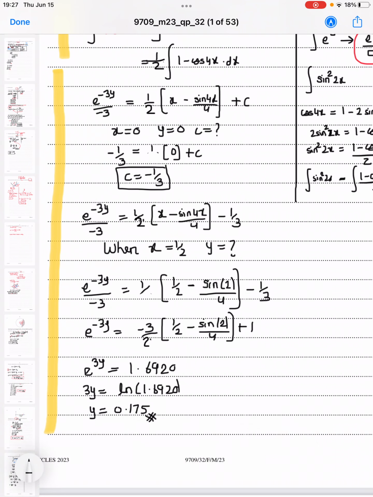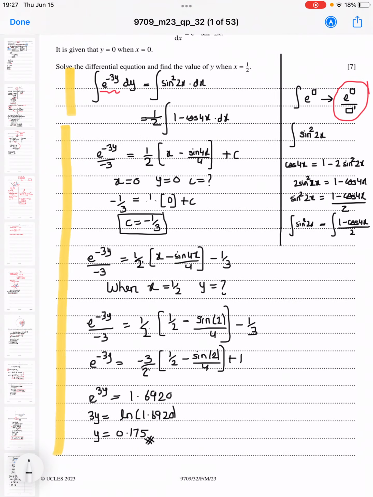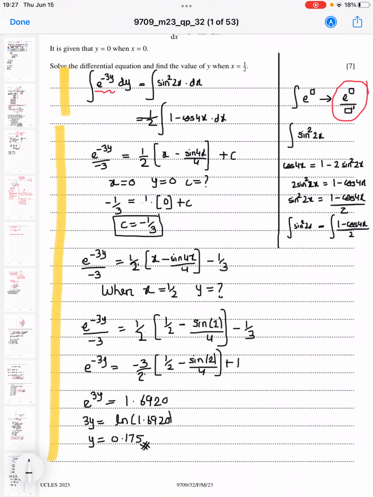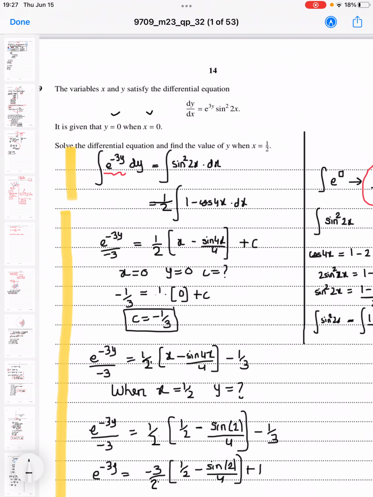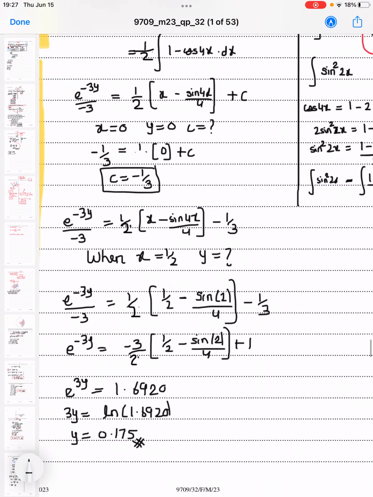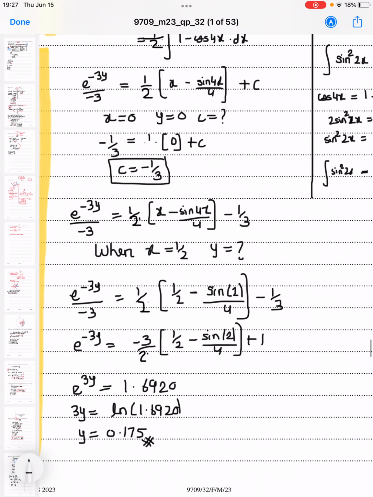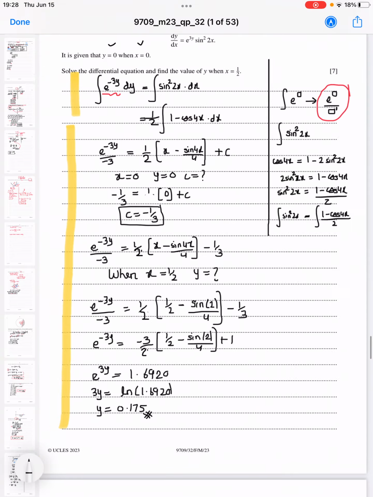I believe that was an error, so we have rectified it. After doing the integration, we can find c by putting in the limits, y equals 0 and x equals 0, which would give us c equals minus 1 by 3. So e raised to the power minus 3y over 3 plus 1 over 3 equals half of x minus sine 4x. So when x is equal to half, the value of y becomes 0.175.